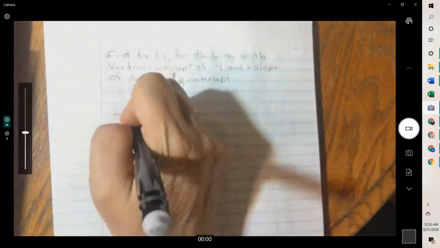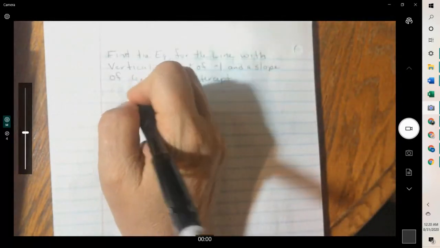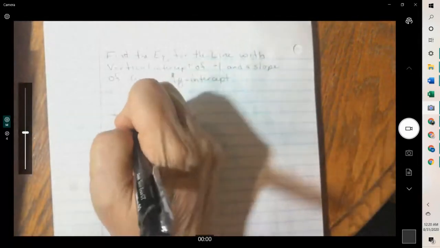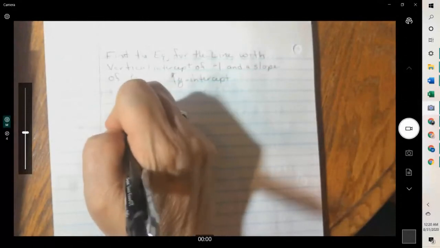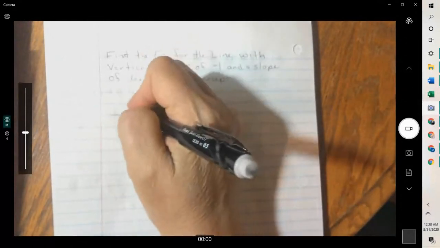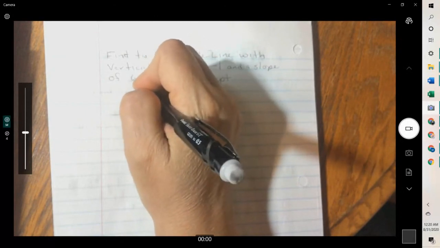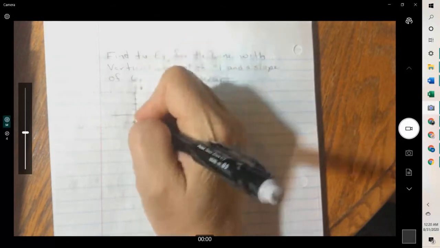And then since our slope is 6, we could go up 6. I didn't leave enough space. 1, 2, 3, 4, 5, 6, and over 1. So then this would be your graph.